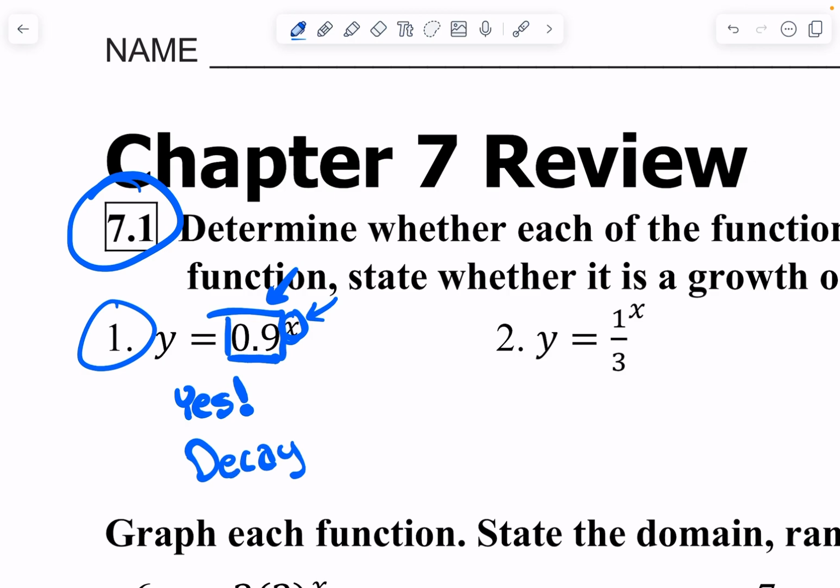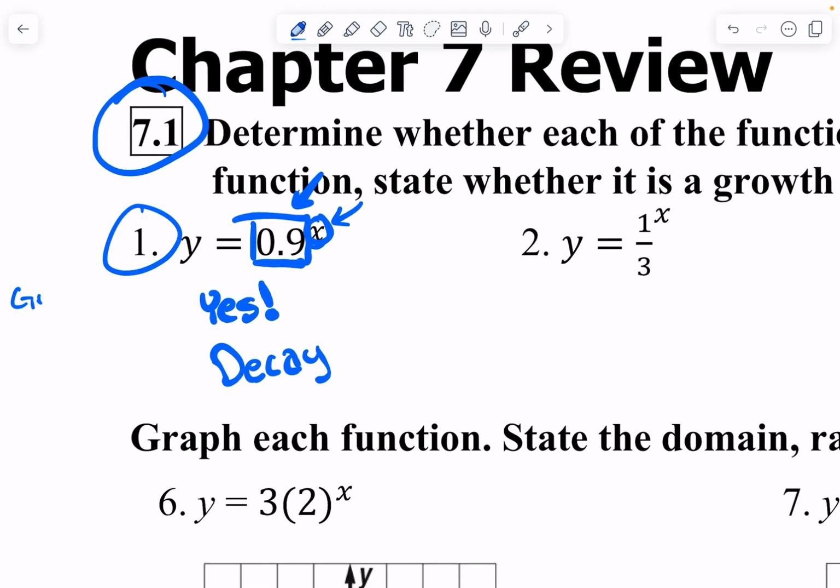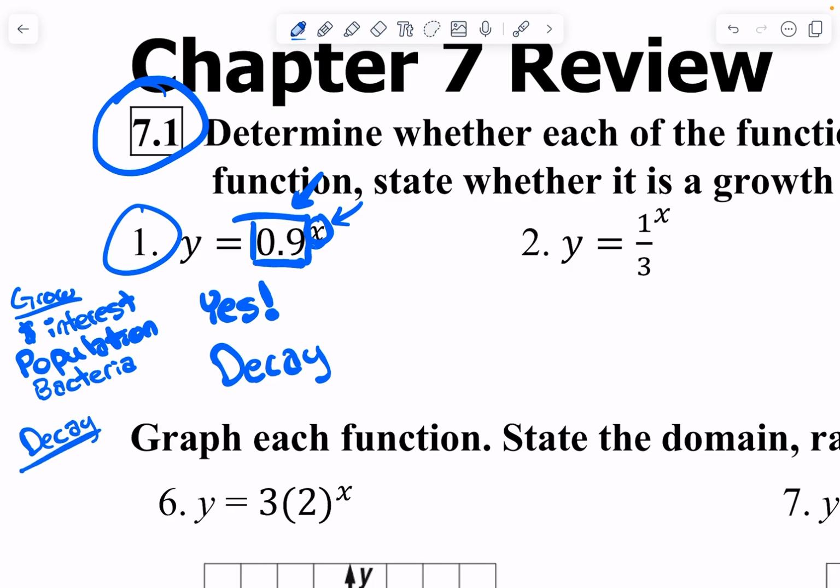Let's talk about growth versus decay. Functions grow, for example, with money in a bank, or interest. Things also grow with population. A population will often grow exponentially, and bacteria often grow exponentially. Decay functions are like a car that gets driven off the lot, which decreases in value.